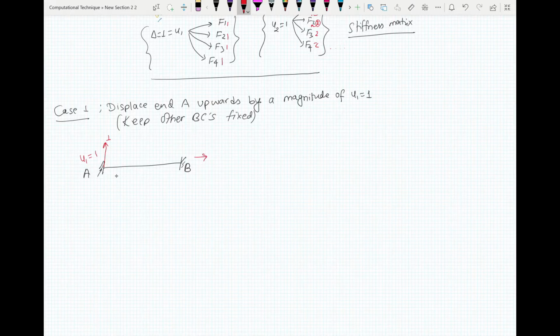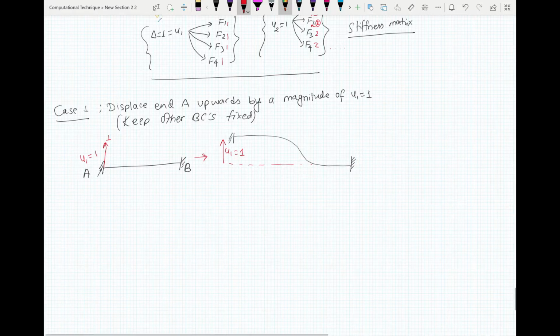Now what we'll have here is your beam will deform like this, and this will be your final position of the beam.